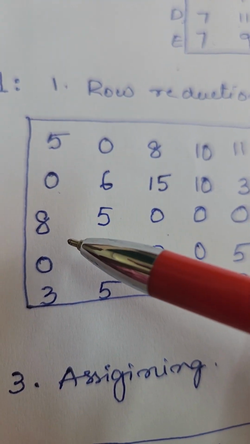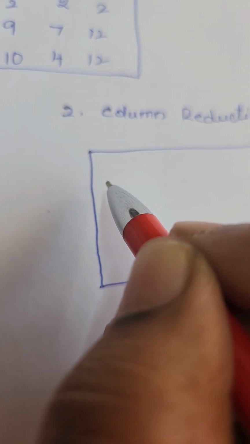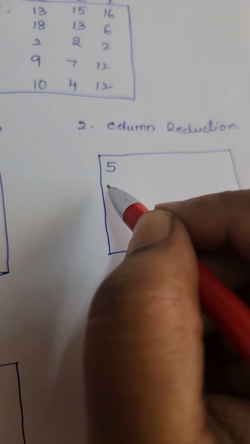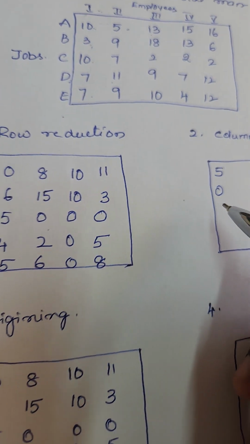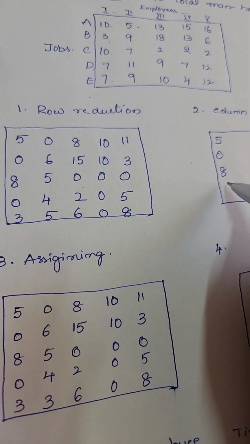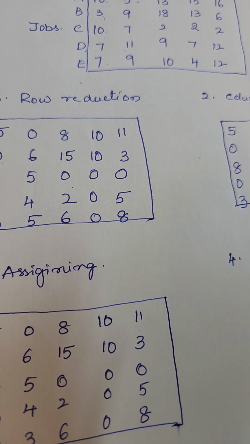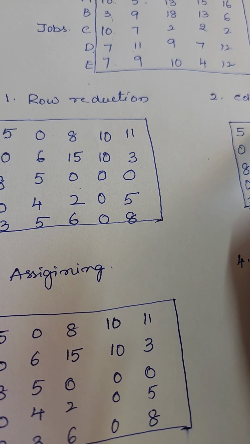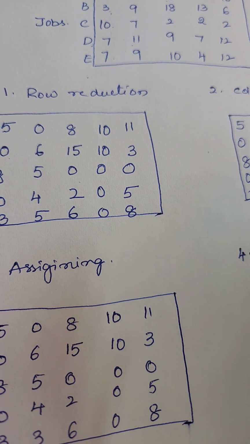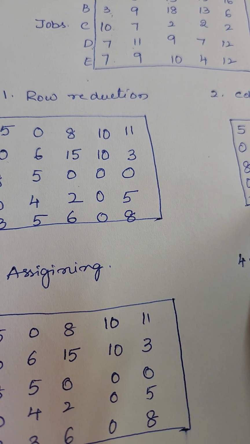So in the first column, the least element is 0. So the next matrix is 5 minus 0, 5. 0 minus 0, 0. And 8 minus 0, 8. 0 minus 0, 3 minus 0, 3. In the second column, the least element is 0. So 0, 6 minus 0, 6, 5 minus 0, 5, 4 minus 0, 4, and 5 minus 0, 5.